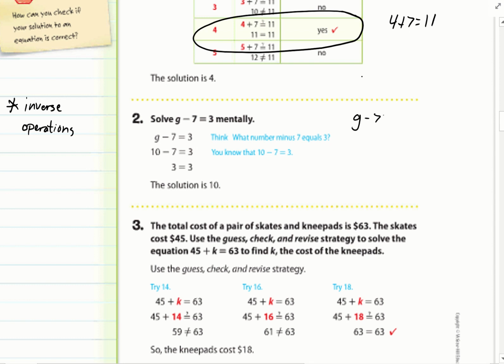I can do it mentally like the book says, or I do the opposite of what the operation is. So I have to get the variable g by itself, and to do that, if I add 7 to both sides, that's going to get rid of the minus 7. So now I have g, and then 3 plus 7 equals 10. But if I plug 10 into the original equation, 10 minus 7 equals 3. That means I still get my solution.